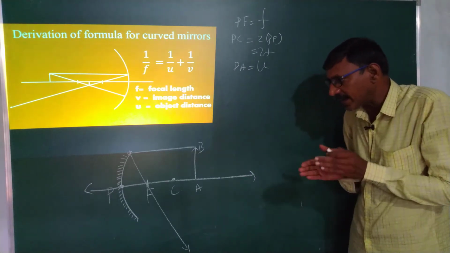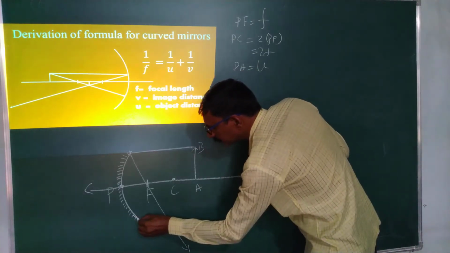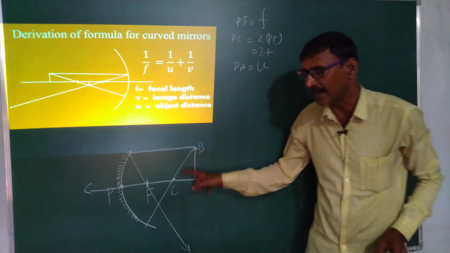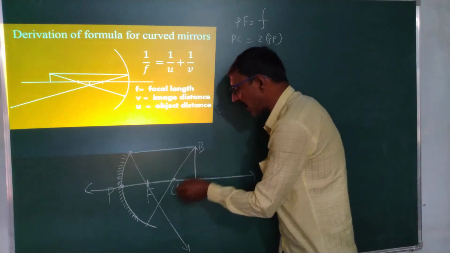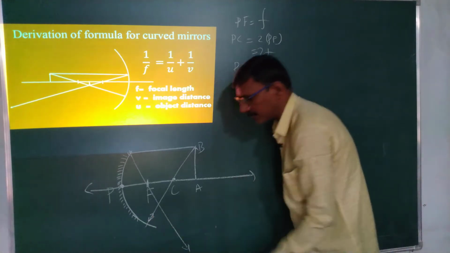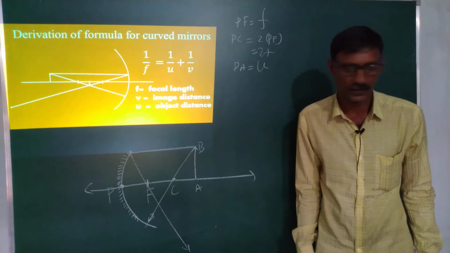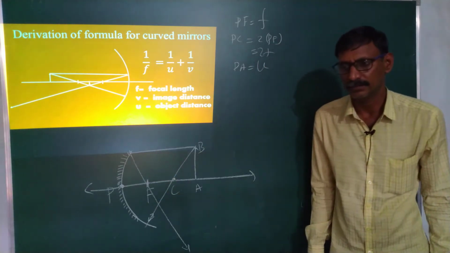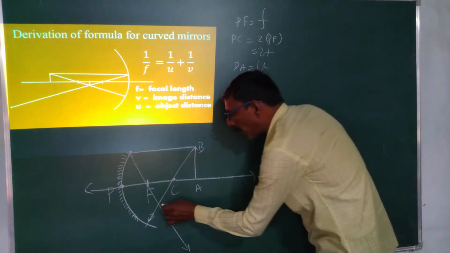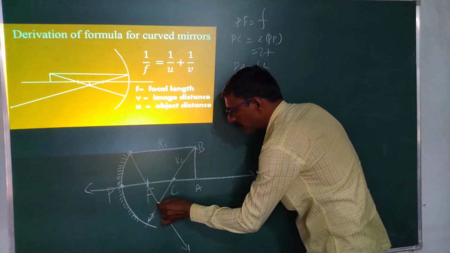If a light ray travels toward the center of curvature, suppose it is going something like this, it bounces back along the same path, because it is normal to the curved mirror.